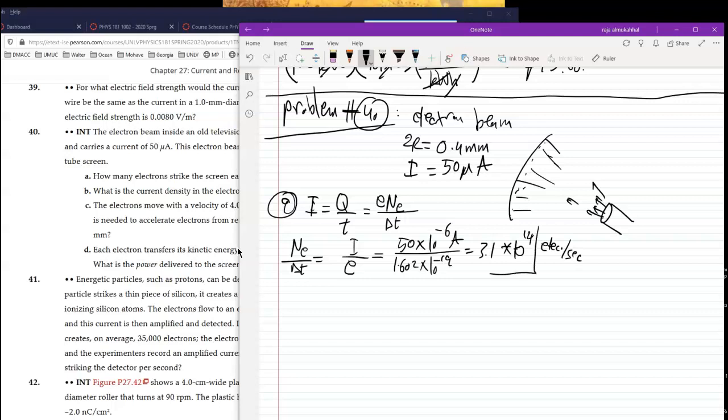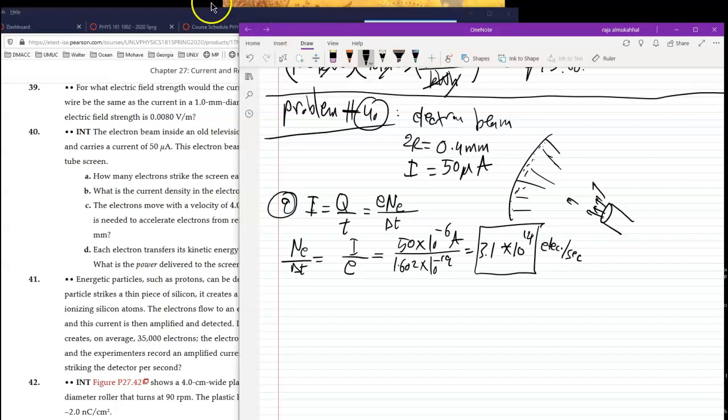That's how many electrons are striking the picture tube from the back every second. The 10 is not clear, I'm sorry, let me write it better. Makes sense, everyone? Okay.